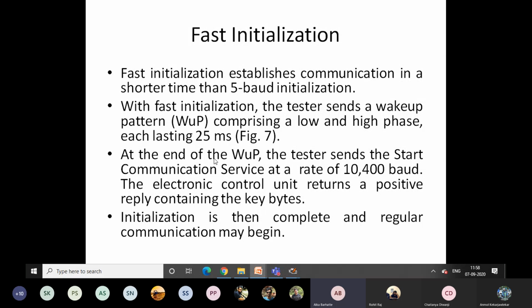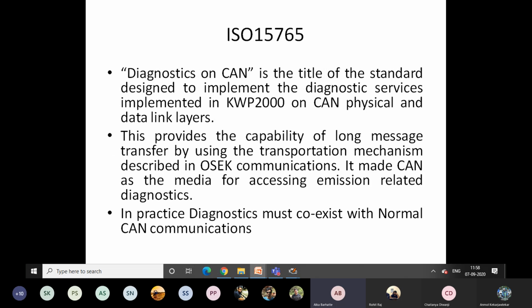At the end of the wake-up pattern, the tester sends the start communication service at a fixed baud rate of 10,400 bits per second. The ECU returns a positive reply containing a key byte. Once the initialization is complete, regular communication may start between those two components.